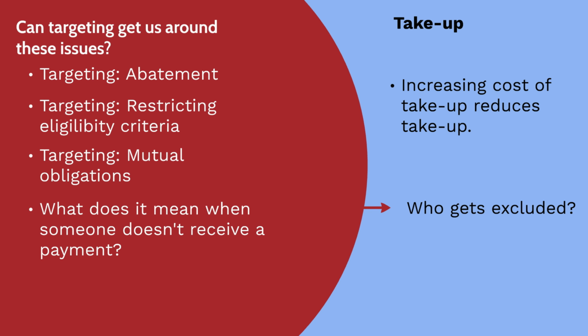So targeting involves the abatement that we've talked about earlier, where once you get to a certain amount of income, if you earn an extra dollar, part of your benefit starts being taken away. Unless we're going to pay everyone in the economy an amount of money, there will be a period of income where abatement has to occur. Okay?